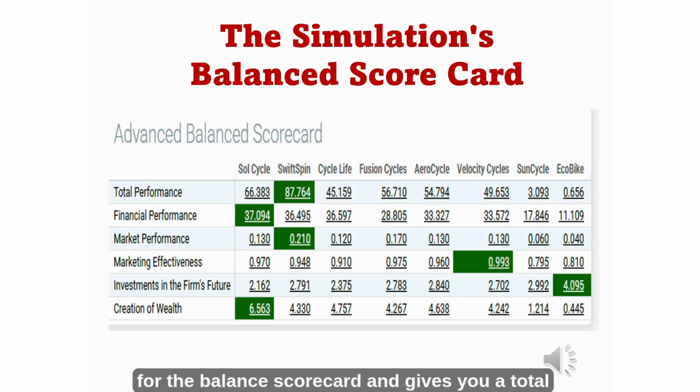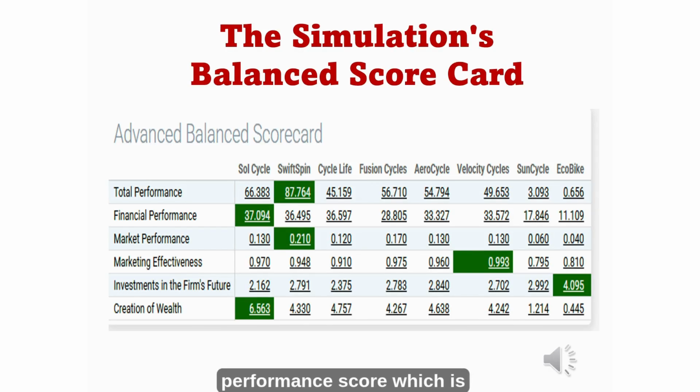But it really breaks down all the different categories for the balanced scorecard and gives you a total performance score, which is the one you're graded on, total performance of the advanced balanced scorecard for quarters 5 through 8. Quarters 3 and 4 are dropped from the final total balanced scorecard. It's the last 4 quarters.